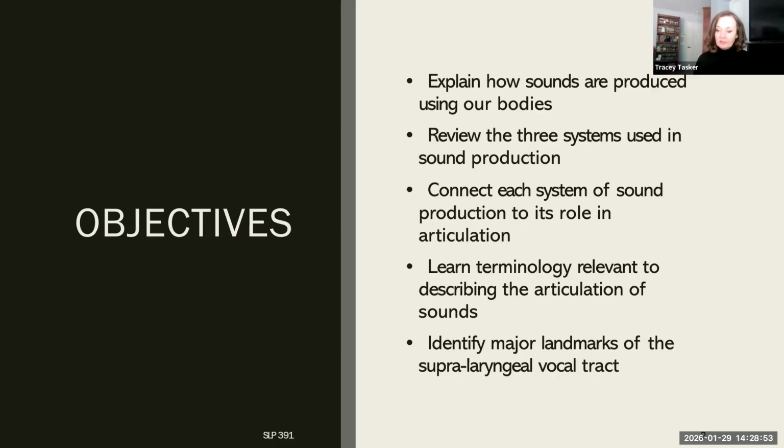And since this is a clinical phonetics class, let me just explain the significance of why this is so important, especially when we start talking about speech sound disorders and we're trying to understand what type of errors a child is making, or an adult for that matter. We want to really understand the sound that is the target as well as the sound that the child's producing and what it is that they are physically doing.